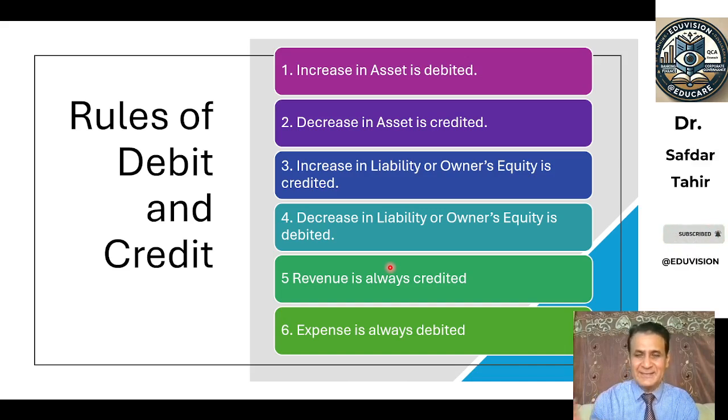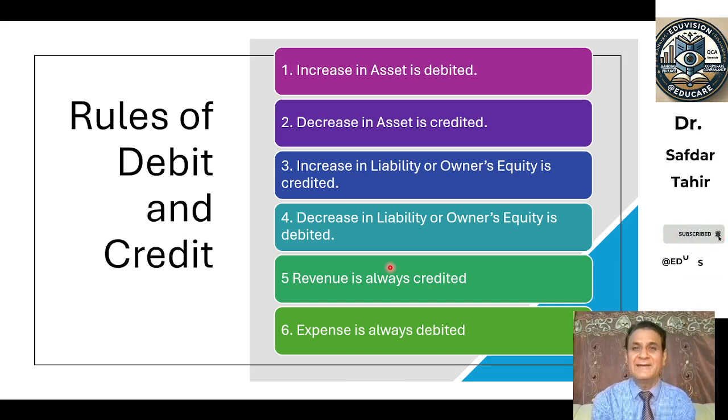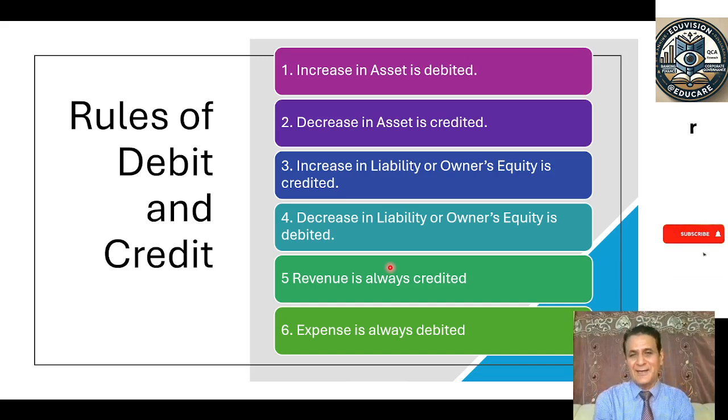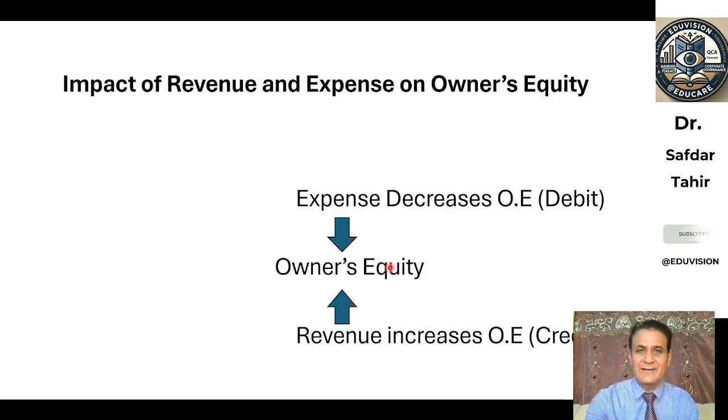Now, on the other side of the balance sheet, increase in liabilities or owner equity is credited, reverse to the increase in asset that is debited. Decrease in liability or owner equity is debited. And revenue is always credited and expense is always debited. These six rules are the basic rules of debit and credit.